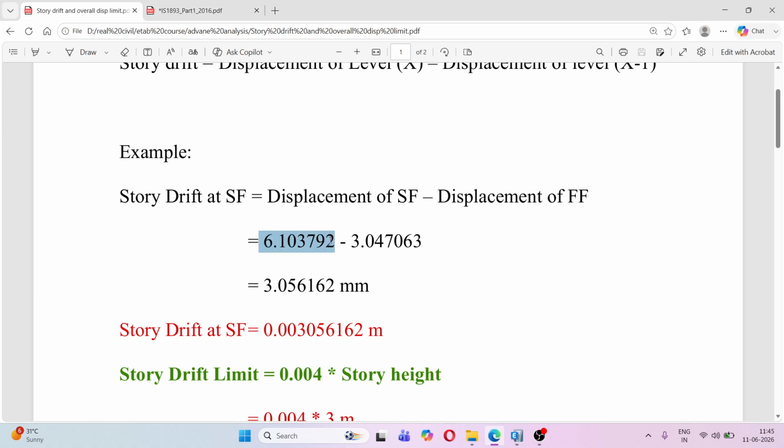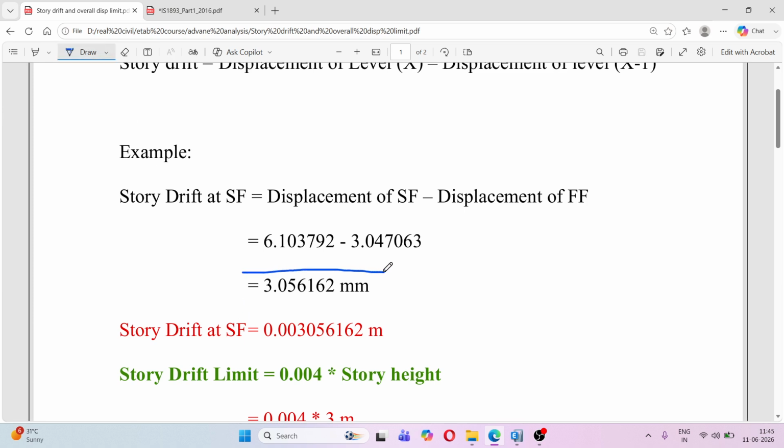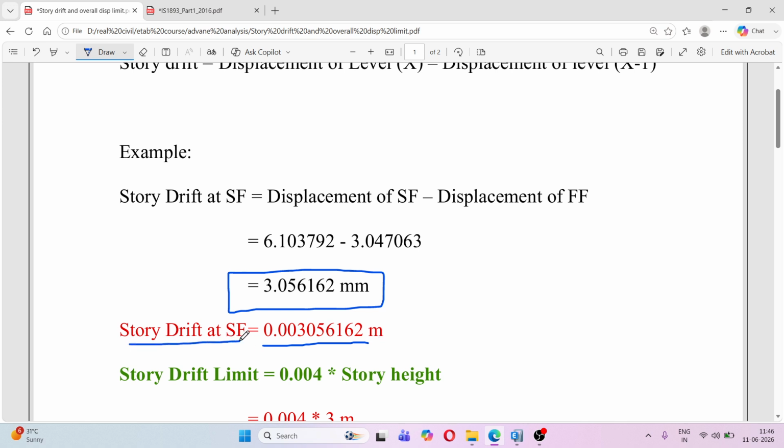So I have written these values. This is the displacement of the second floor and this is the displacement of the first floor. So this is the story drift at the second floor, 3.056162, or if we convert this to meter by dividing by 1000, then 0.00305616 meter is the story drift at the second floor.